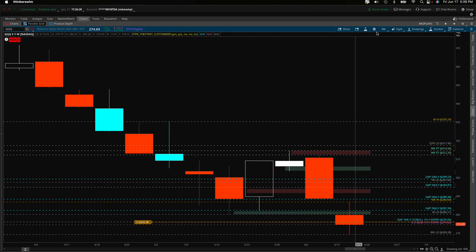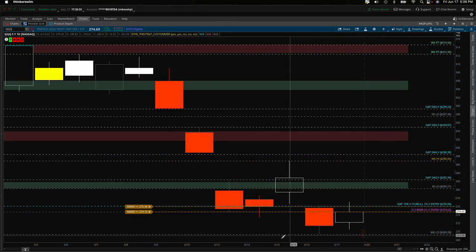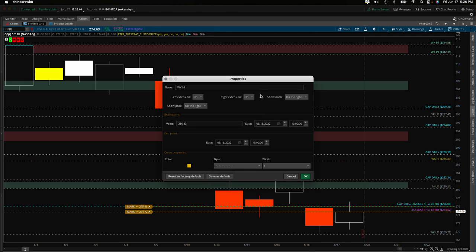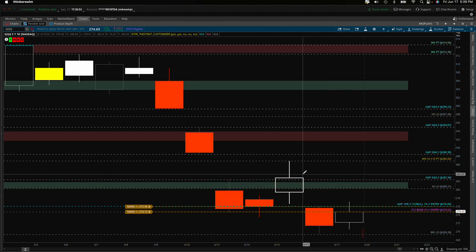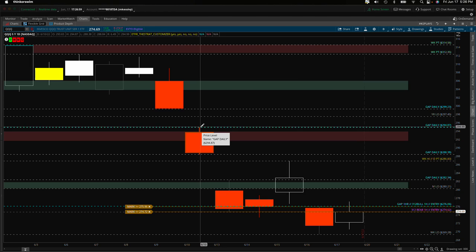Okay, so that's the weekly price targets, and then we go down to our daily time frame. We'll see that this candle here is also our daily price target. So we'll say DPT. Then our next price target is at this gap daily.